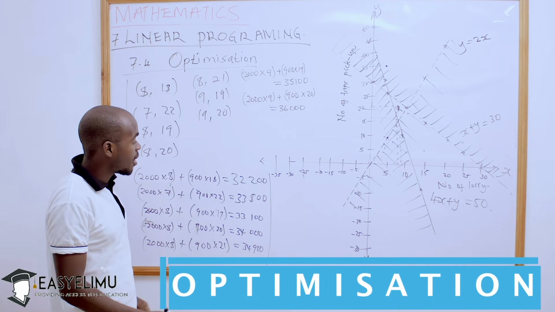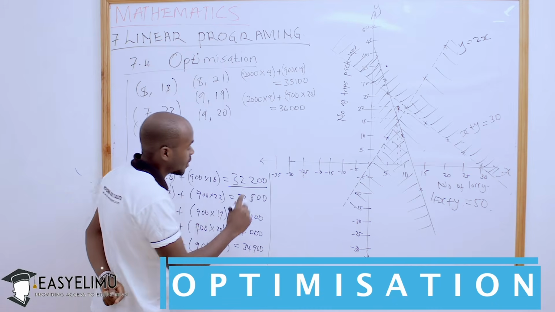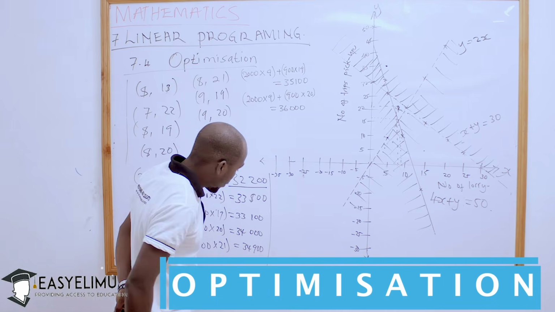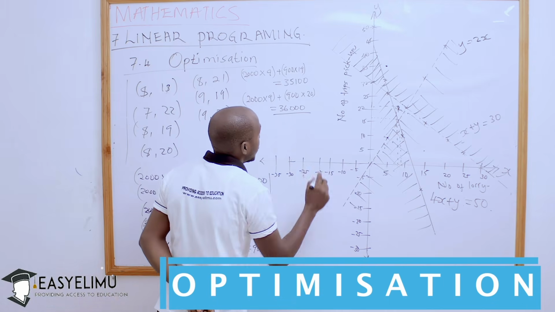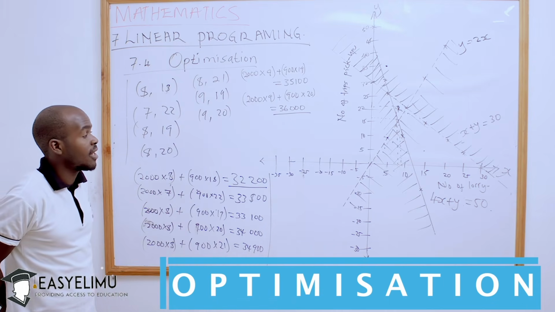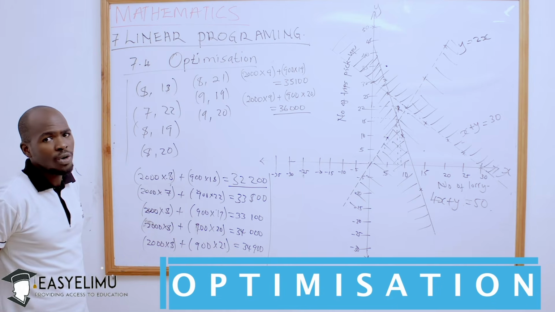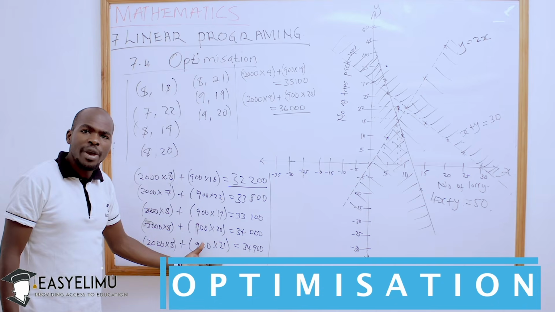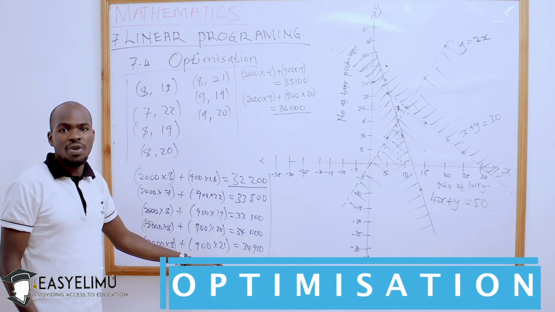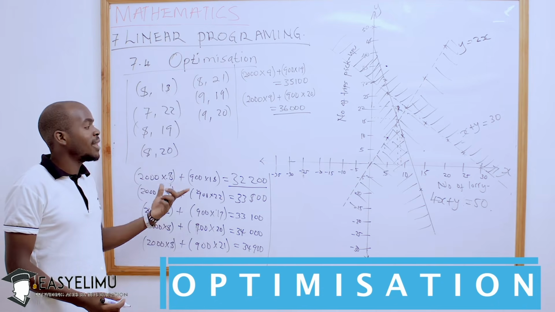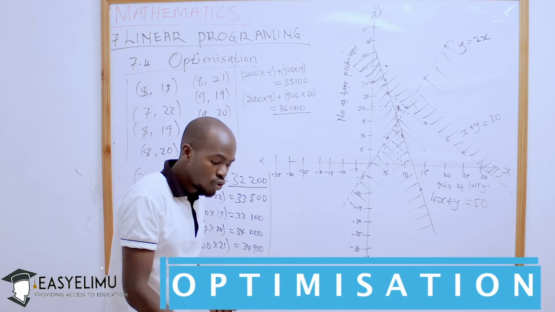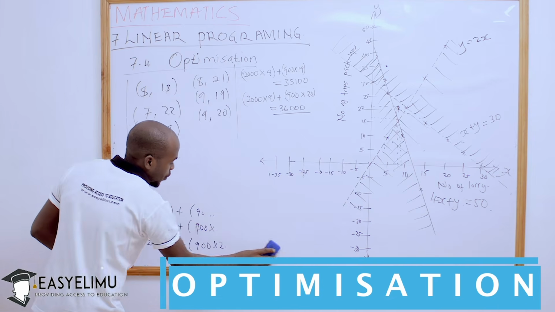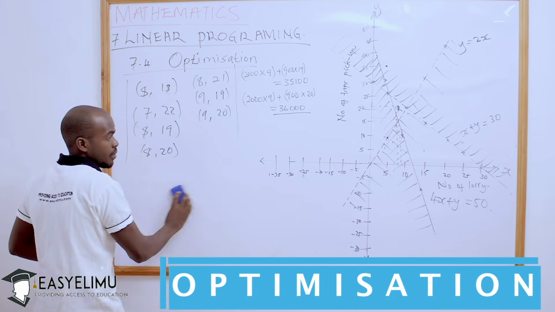But from there, we can find that the minimum of them is 32,200 shillings, and the maximum that the contractor can use is 36,000. And you can also say clearly that using this method is quite tedious and you will get tired while calculating. To avoid that tediousness, you will use the objective function to find out whatever we want. I will guide you through.